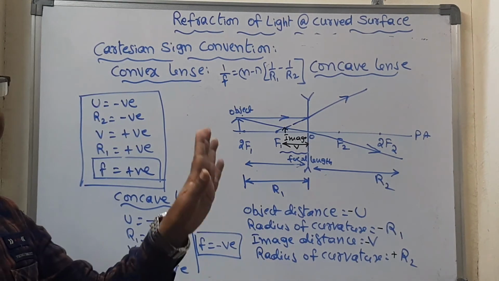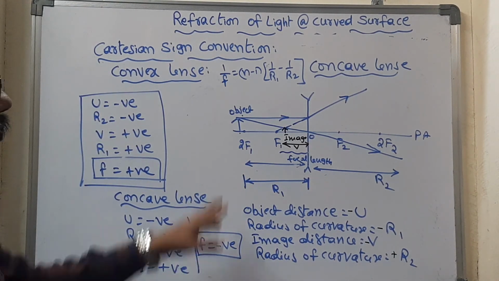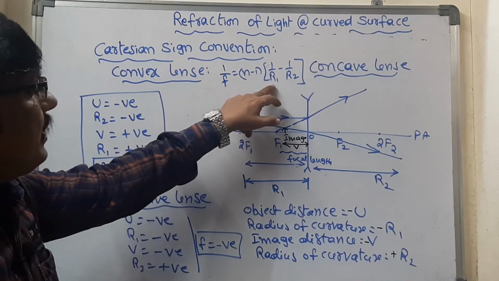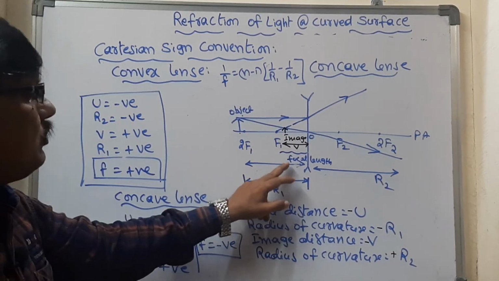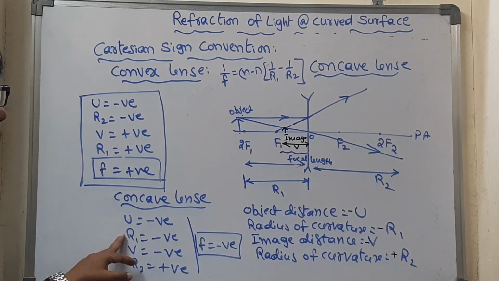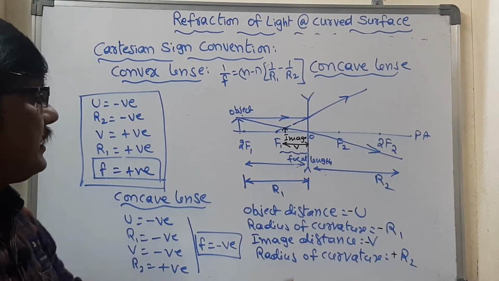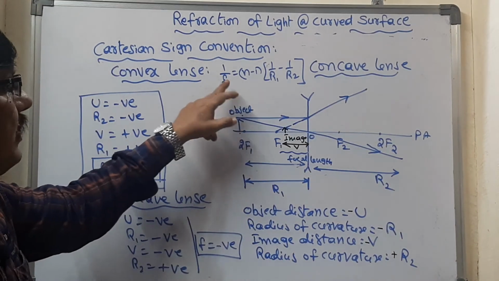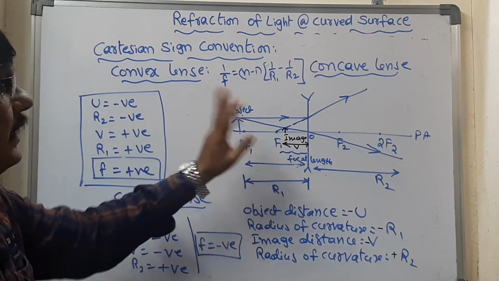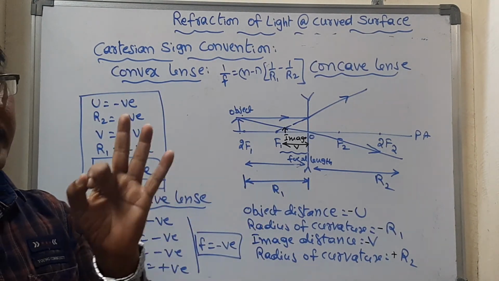If it is a concave lens, what should you do? Then f is negative, R1 is on the left side and so negative, and R2 is positive. And see here, for a concave lens the focal length is negative.